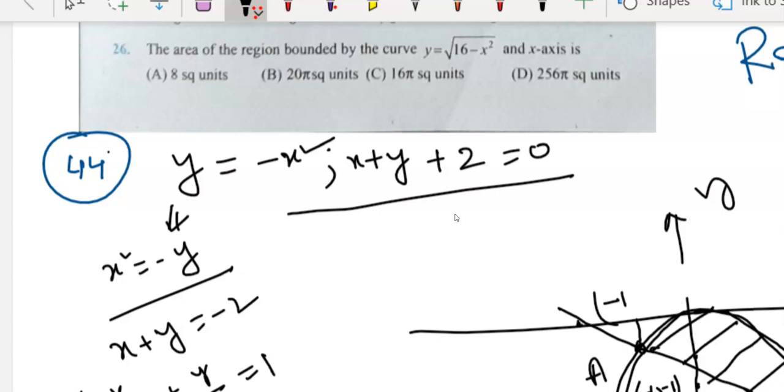Then it is for this curve, this to minus 1, and then from minus 1 to 3. This area also is required, no? So the required area will be the integral of y dx.